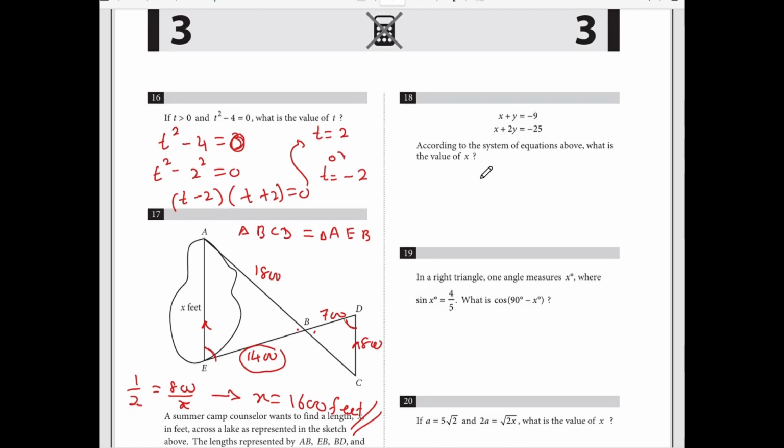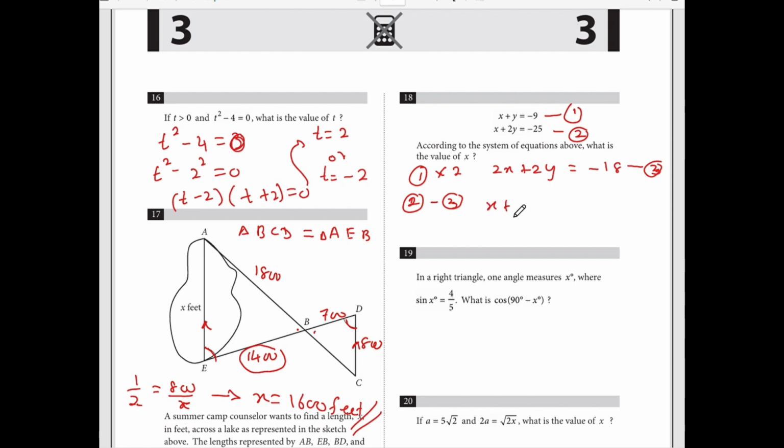Question number 18. According to the system of equations above, what is the value of x? They are asking for x. Then let's name these two equations as 1 and 2. Initially we multiply the first equation by 2 because we need to cancel out y. Then we get 2x plus 2y equals minus 18. This becomes equation 3. So we can subtract equation 2 from equation 3.